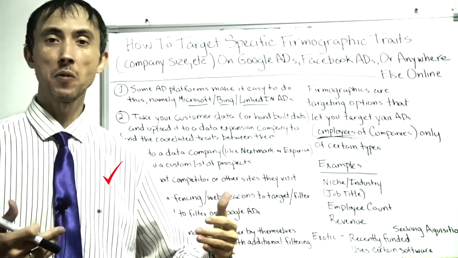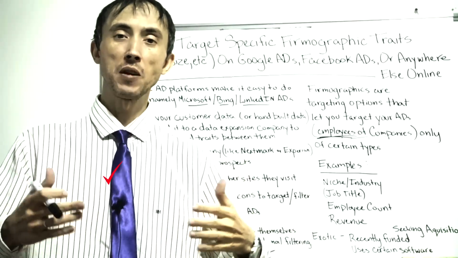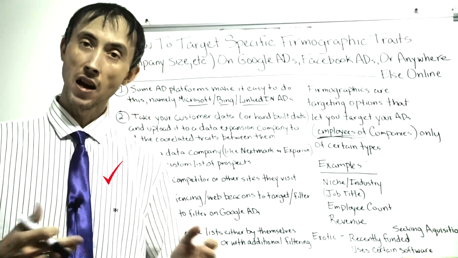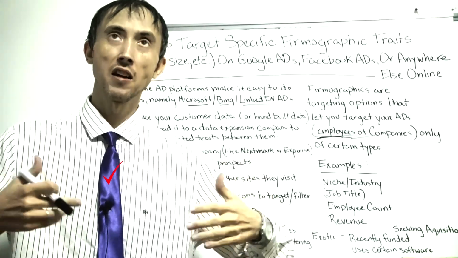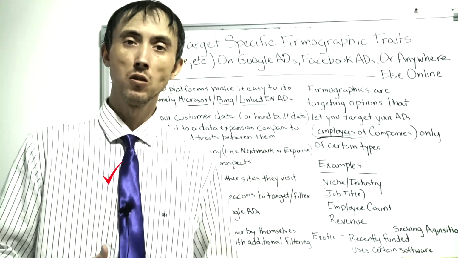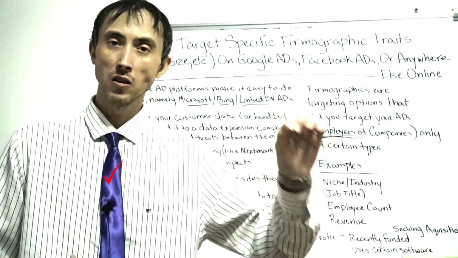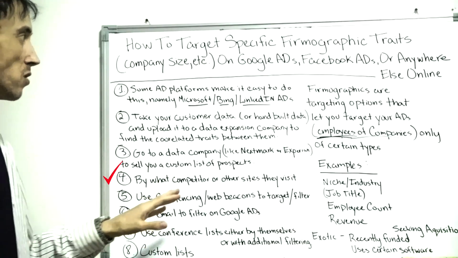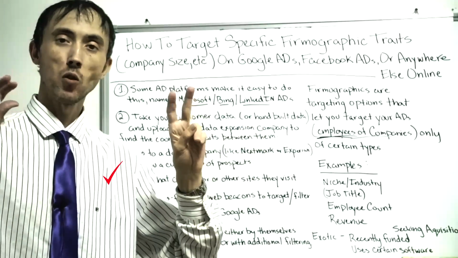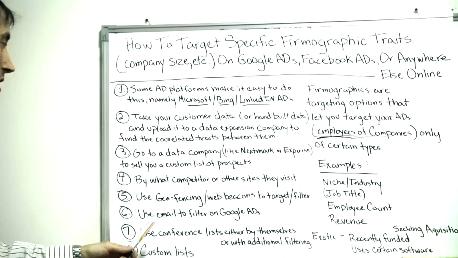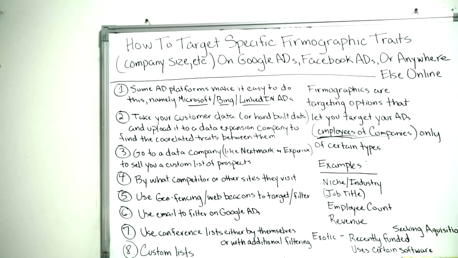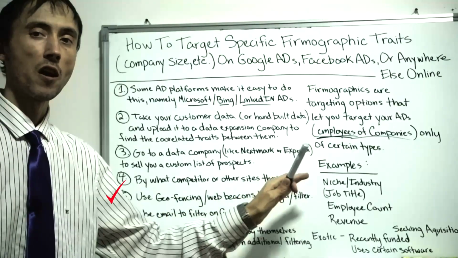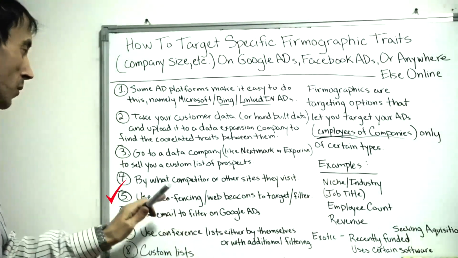Or if it's a different company, maybe you do that because they go to those sites for customer service at some point, right? If there is a customer service component to the thing that you're targeting and what the other company does. So that's one of the ways that you can target people based upon so-called firmographic data to narrow your advertising.